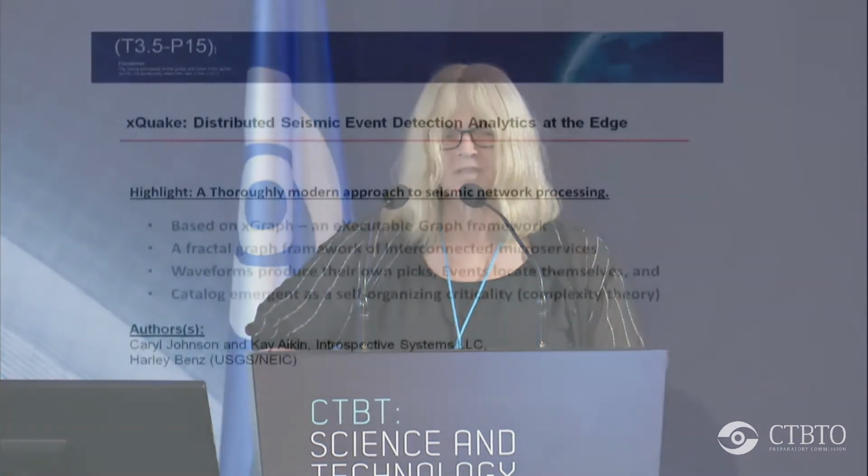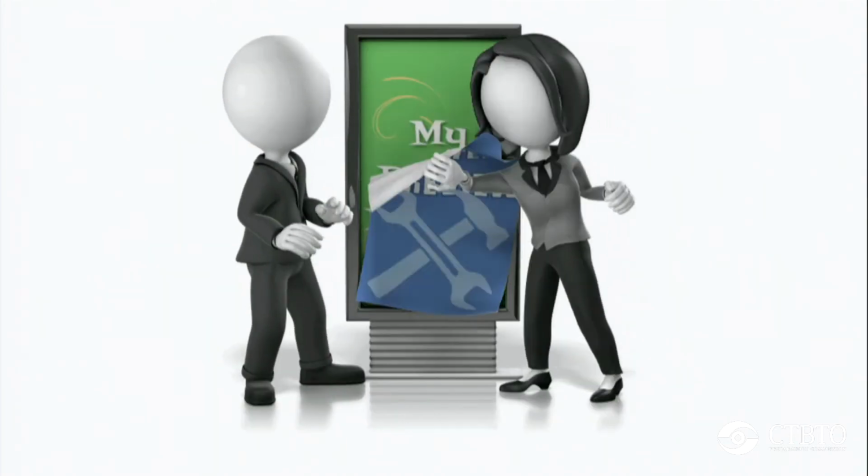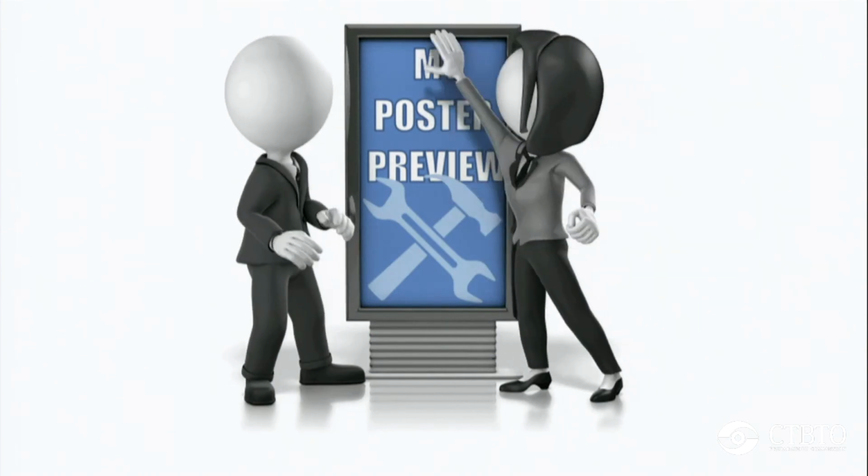In terms of seismology, you have to imagine that the data is the resources, and the analytics, the high dimension decision space, is how those are applied to a limited set of events, and how those phases are, for example, identified. If you can imagine waveforms picking themselves, earthquakes locating themselves, and a catalog that emerges as a self-organizing criticality in the sense of complexity theory, come and talk to me if you're curious or skeptical. Thank you. I'd like to see you at P15.